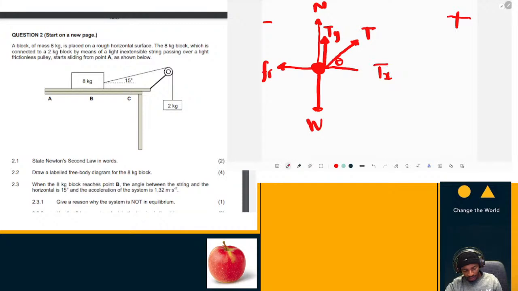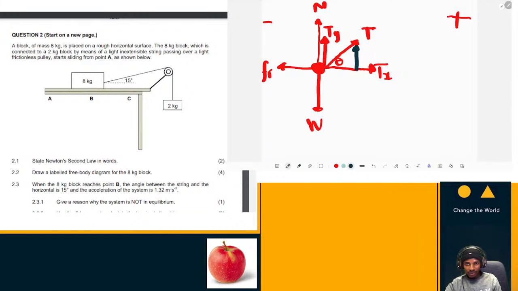So let me increase the magnitude of this vector. Okay, let me use a different color. Before I even wrap it, I'm going to remove this force and put it here.